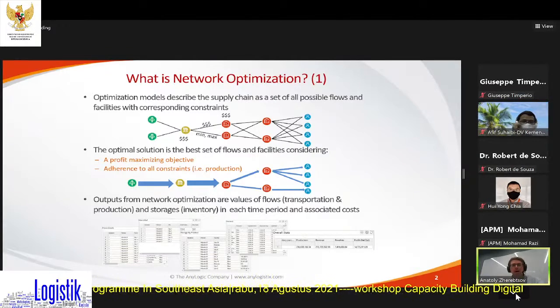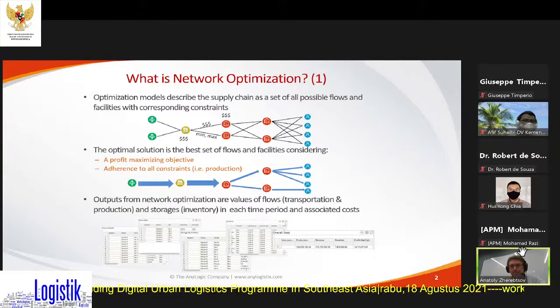So the goal of optimization is to find an optimal solution for our supply chain. And usually when we say so, we mean the best network configuration: the facilities that should be included in the supply chain and amounts of flows between them depending on the transport.